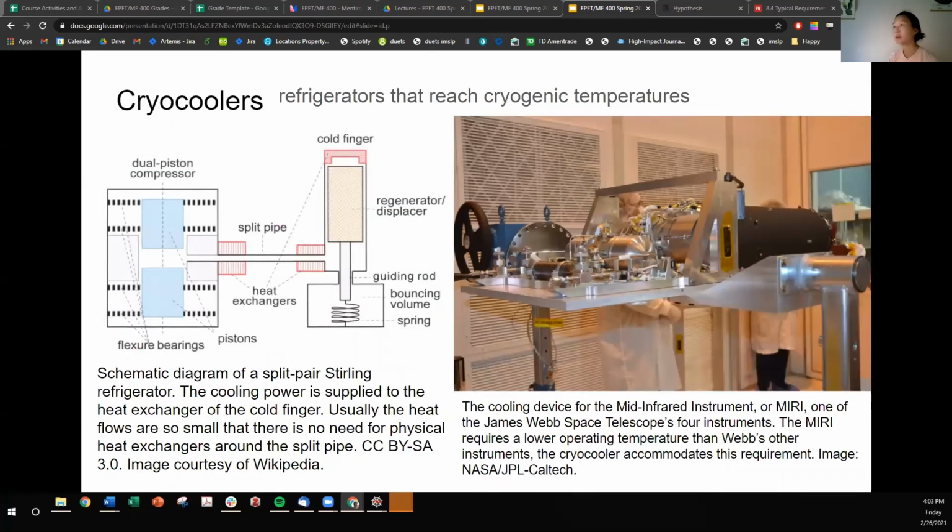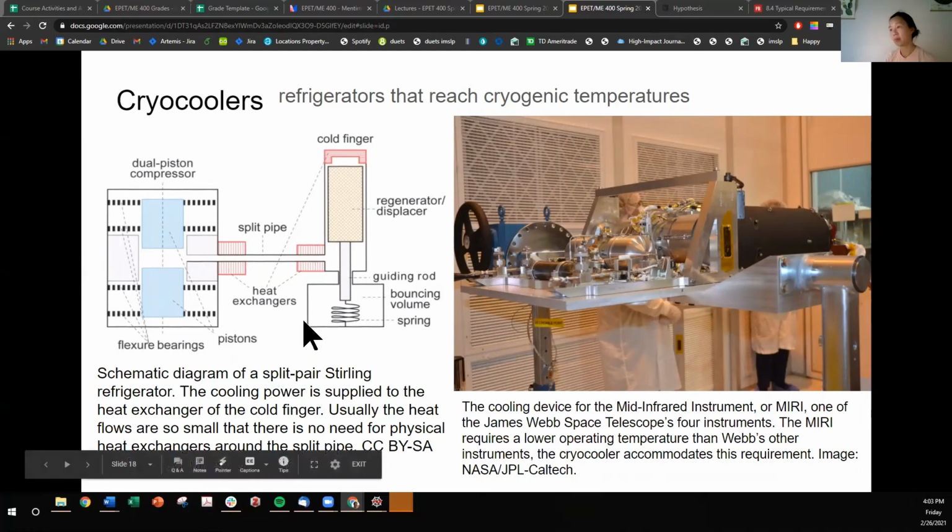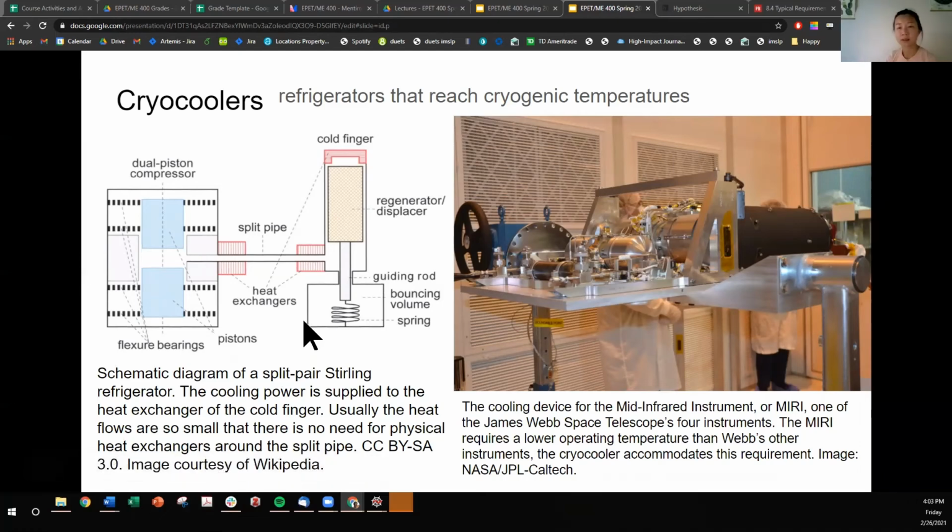Okay, so cryocoolers. I do want to spend a little bit of time on cryocoolers because the state of the art for cryocoolers has gotten small enough that we can put them in CubeSats. In fact, there's going to be one in HiTi, which is an HSFL mission. So cryocoolers are refrigerators that reach cryogenic temperatures. The way that they work is they have a compressor.